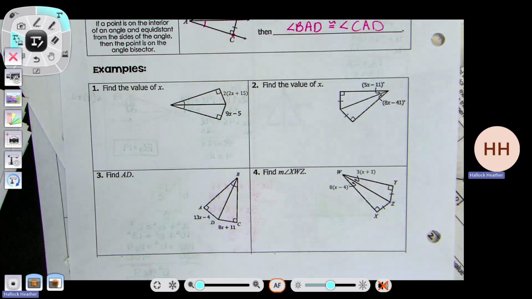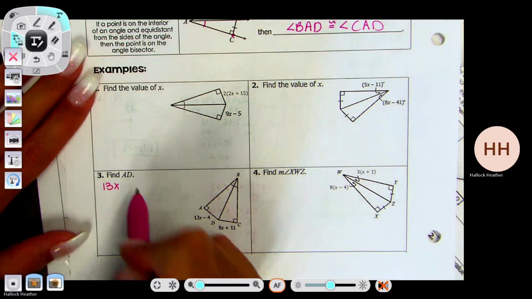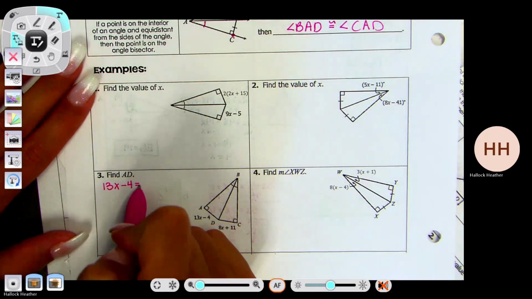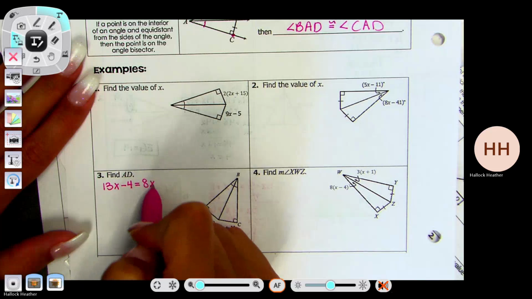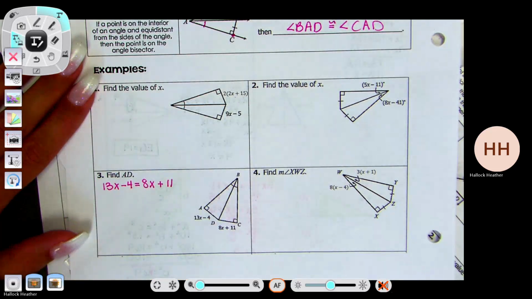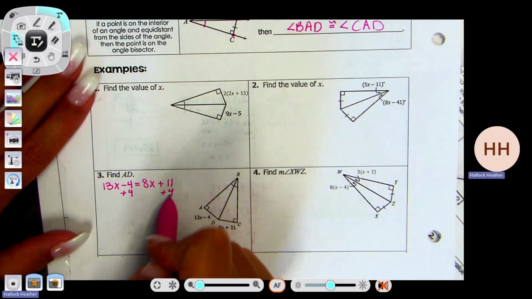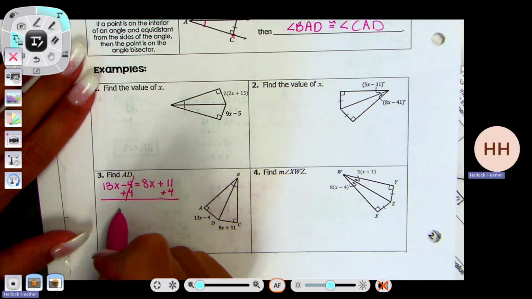Today's nice because everything's equal to each other. What is it? 3.